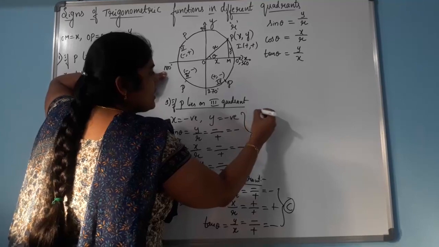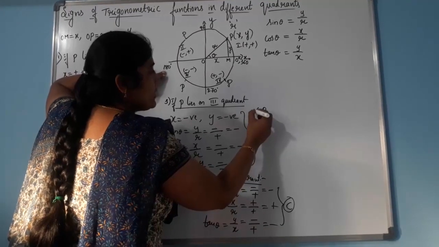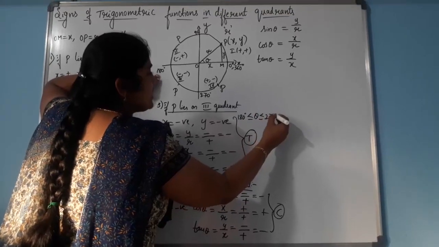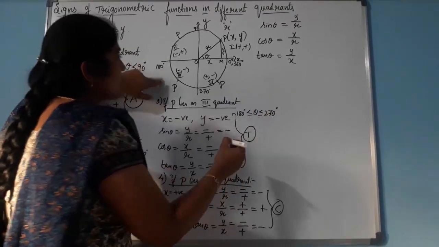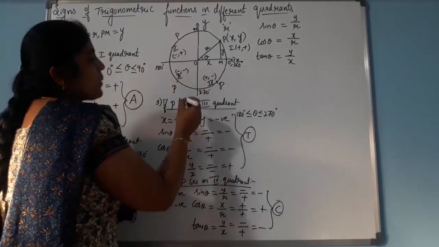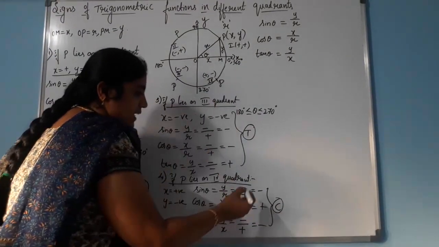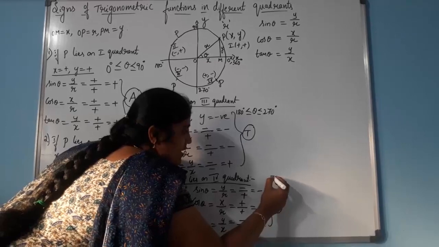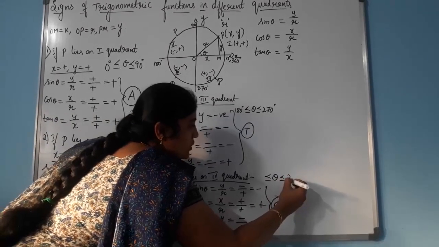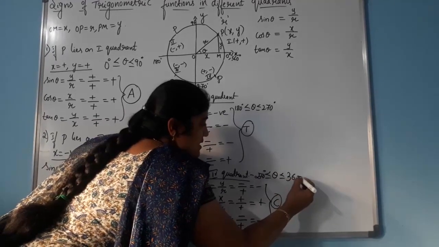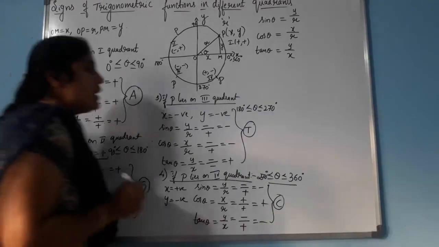So theta lies between 180 degree to 270 degree. Lastly, in fourth quadrant, theta lies between 270 degree to 360 degree. So these are all important.